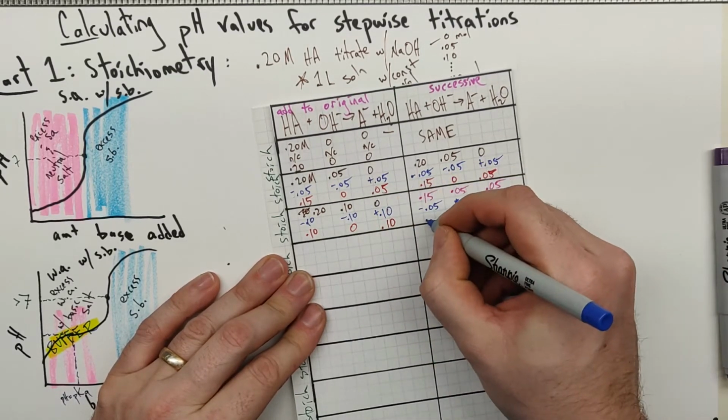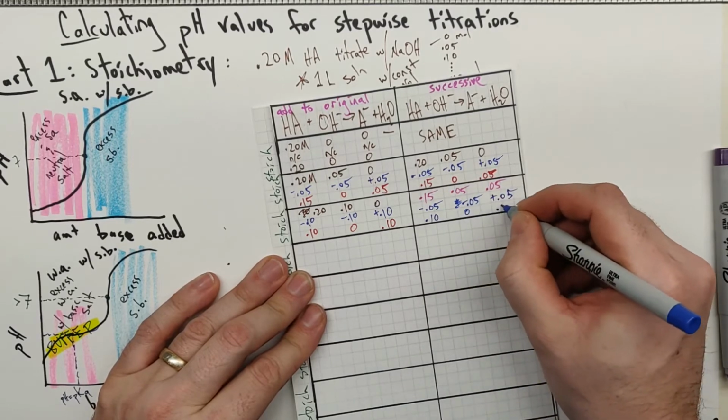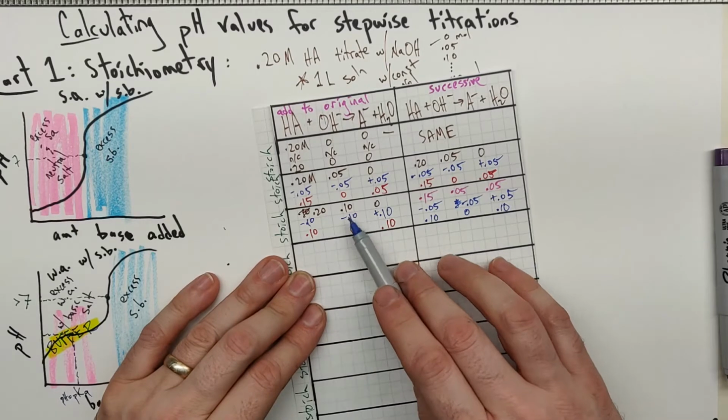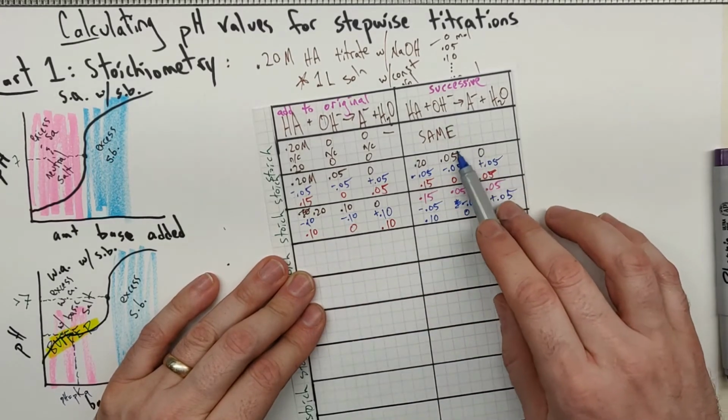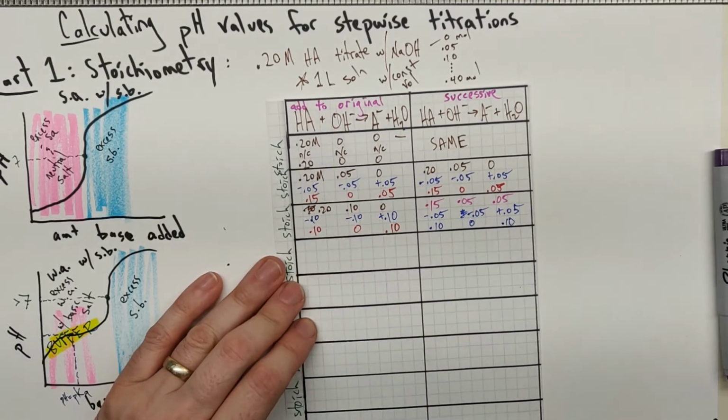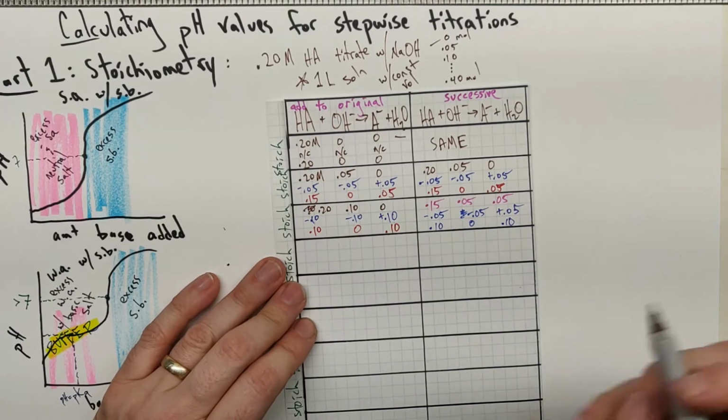And you'll notice we still end up with 0.10 and 0.10. So we're either taking more from the original amount, or we're doing it step by step, 0.05 at a time. Doesn't matter at all. The math works out the same. The equilibrium works out the same. But sometimes the problems are asked differently.